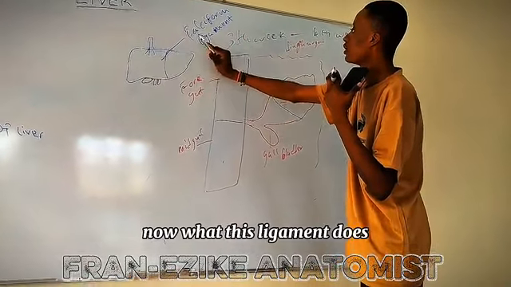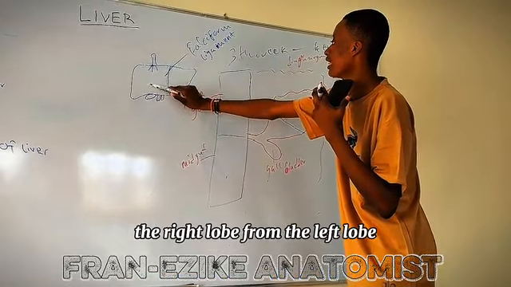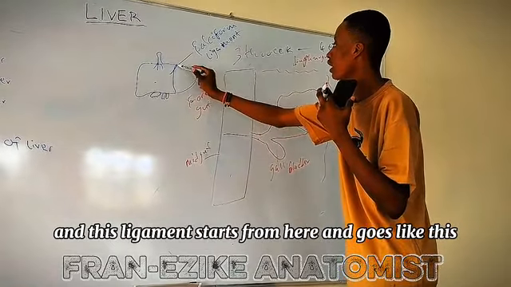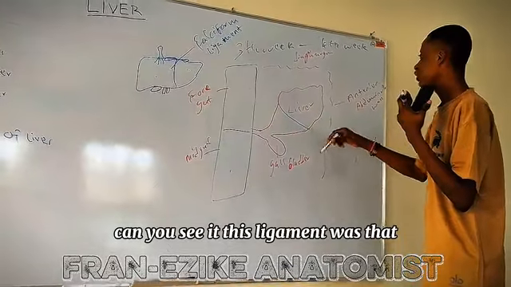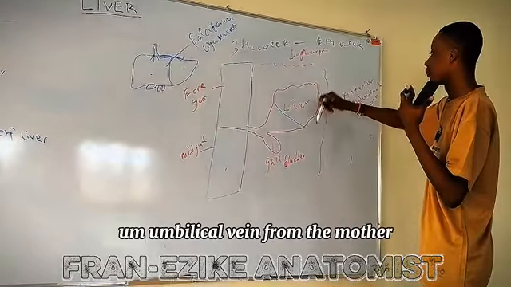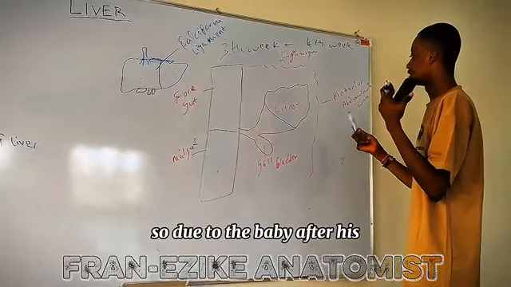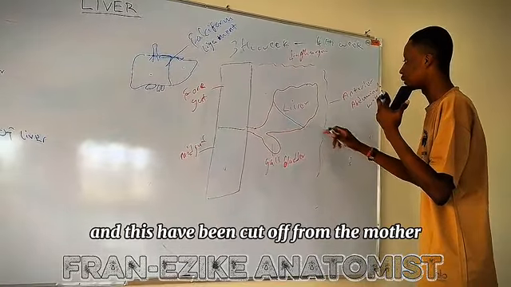Now, what this ligament does, this ligament separates this region, the right lobe, from the left lobe. And this ligament starts from here and goes like this. Can you see it? This ligament was that umbilical vein from the mother. So, after birth, the baby is now alone, and this is cut off from the mother.